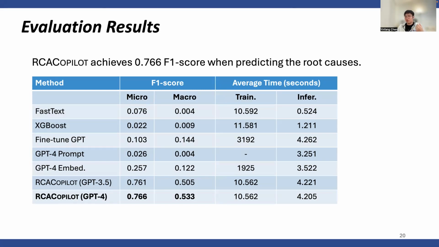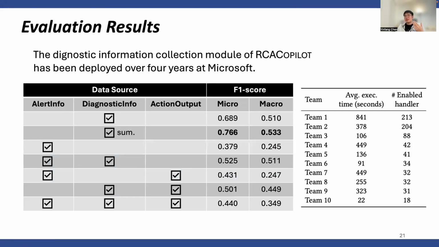We also find that the summarized diagnostic information is even more useful than the original diagnostic info. We infer that the original diagnostic information, though it may be 1,000 tokens, could still mislead the large model. So the summarized version is even better than the original diagnostic info from our first stage.